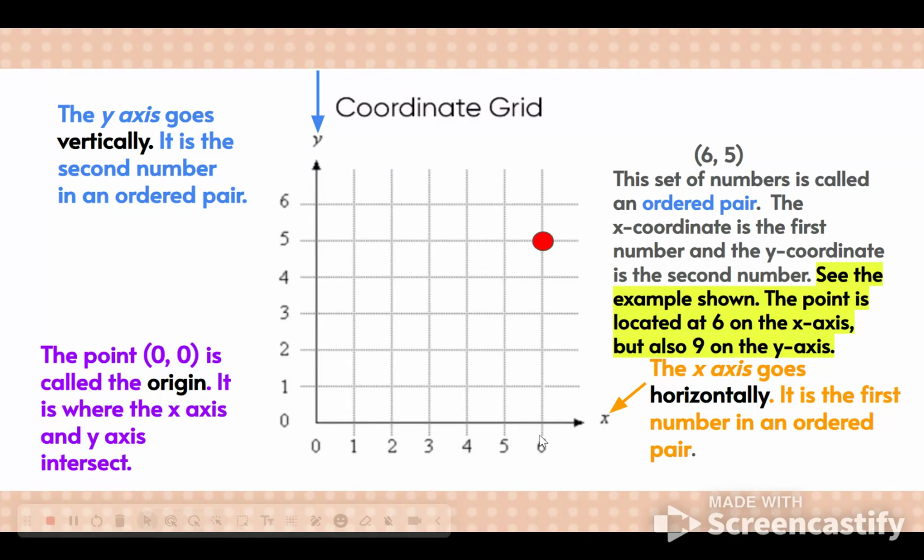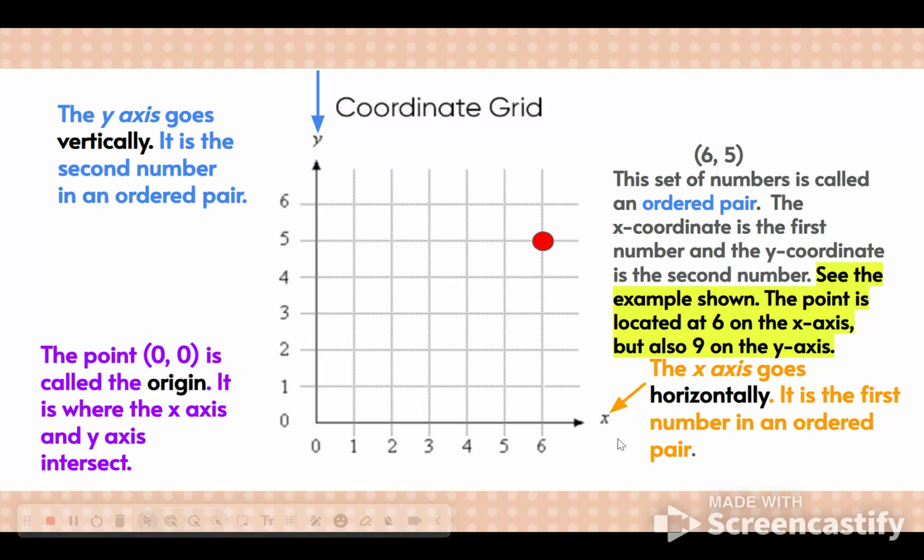Looking at this point, I'm looking at the x. I see that it is on 6 on the x. Also, if I move over to see where it is on the y-axis, it is on 5. So what is my ordered pair? My ordered pair is 6, comma, 5. And that's how we write the ordered pair.